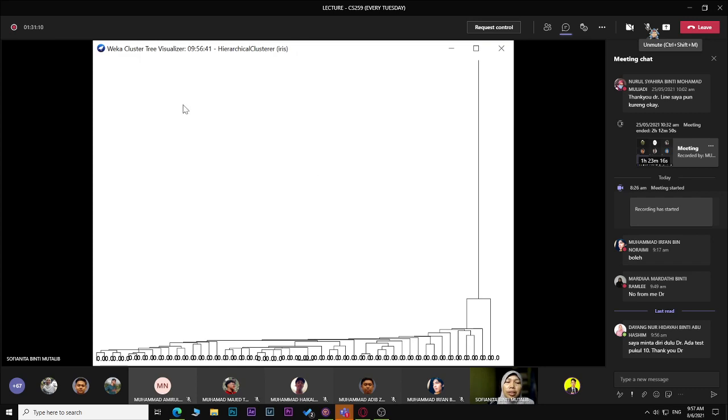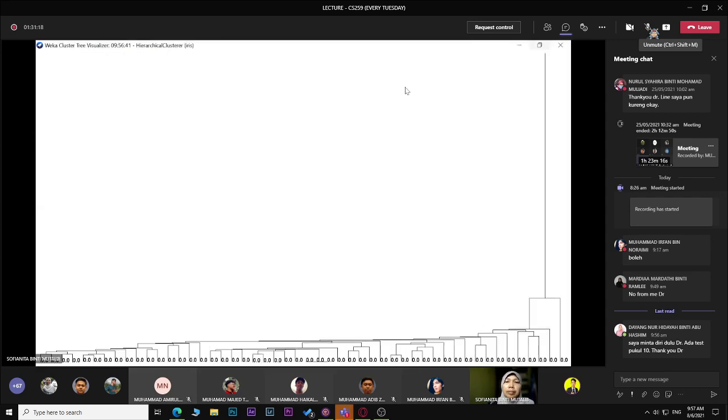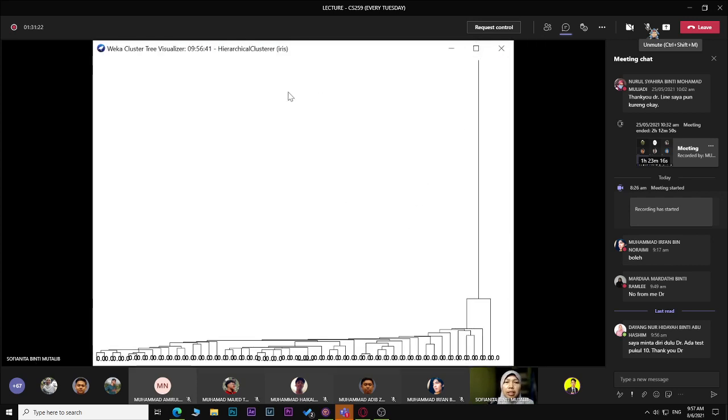So from Weka you can see the hierarchical cluster produced, and this will be different compared to the method of k-means just now.